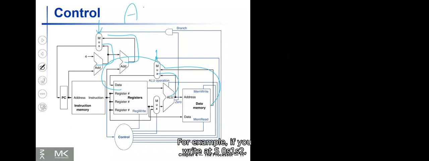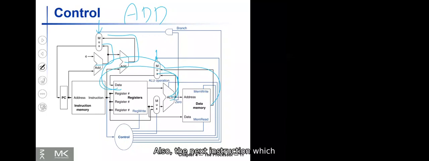For example, if you write add S0, S1, S2, then S1 and S2 will be added, and then S0 is updated. So we have to have some kind of ALU result going to the register file to be written on the register file. And also, the next instruction which updates the register is what?